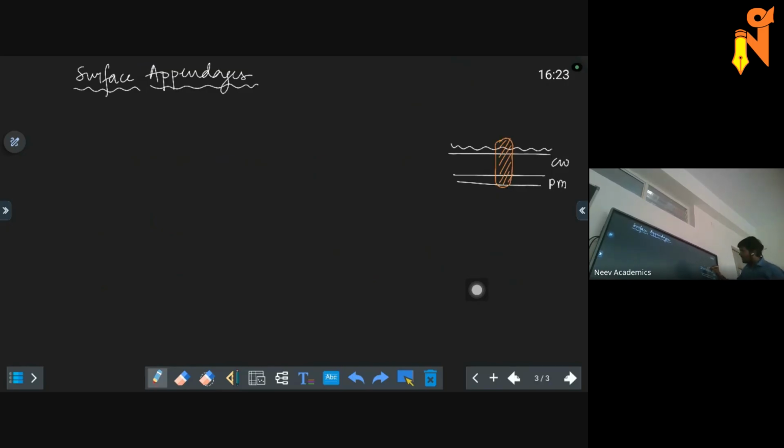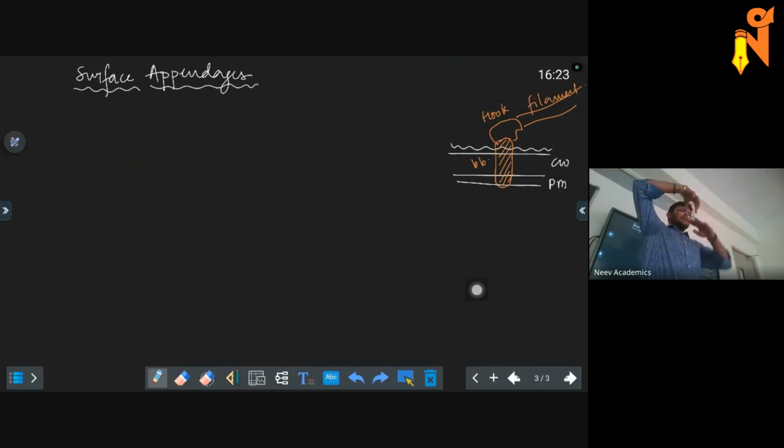The part which connects flagella with the filament is hook. This one is hook, this one is basal body, and this one is filament. So this is the structure, this is the wall, this is basal body which holds the flagella, this one is hook, and this one is filament.